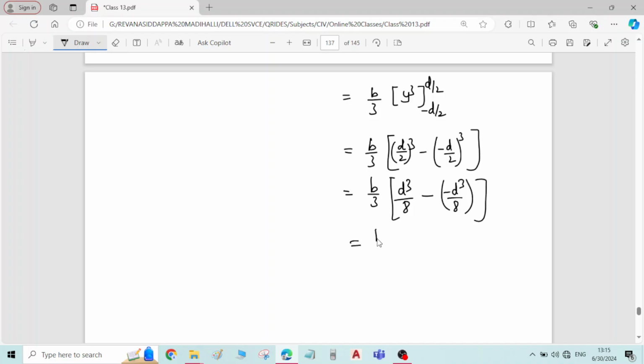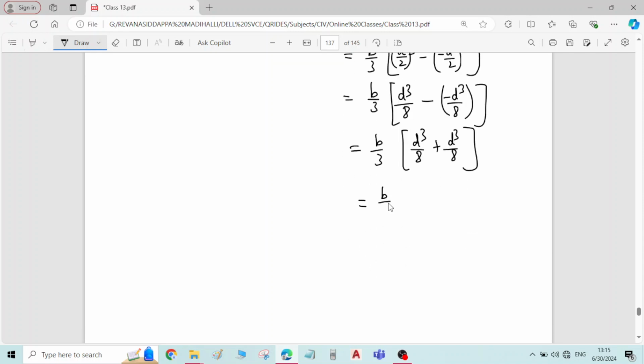Therefore b by 3 into d cube by 8 minus into minus plus d cube by 8. Therefore b by 3, the LCM is 8 only, d cube plus d cube, it is 2 d cube divided by 8, 2 ones are 2, 2 fours are 8. So the final expression for Ixx is equal to b d cube divided by 12.